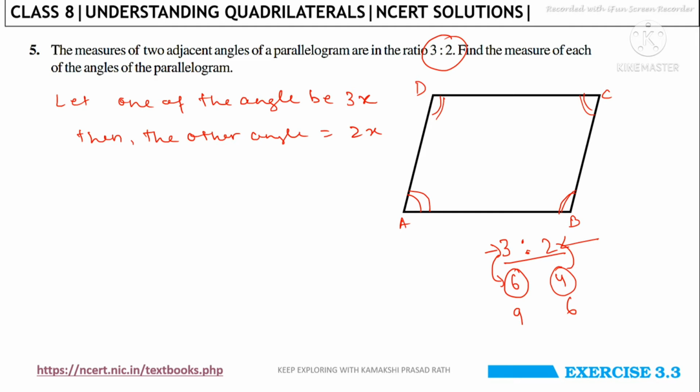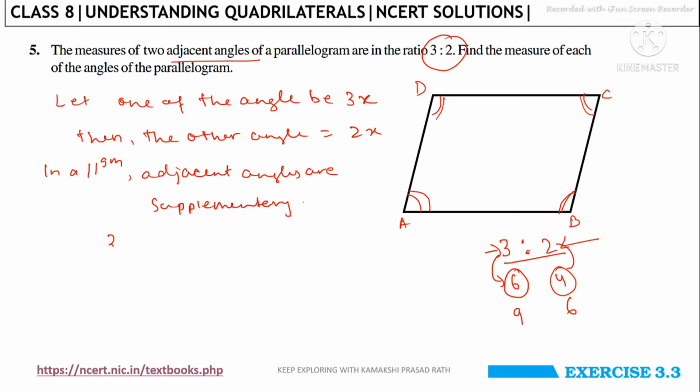The next condition says they are adjacent angles. We know that adjacent angles of a parallelogram are supplementary. So remember, in a parallelogram, adjacent angles are supplementary. When we say supplementary, it means their sum is 180 degrees.